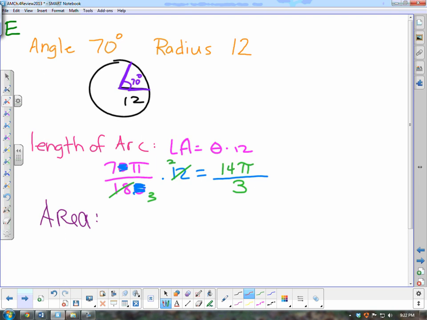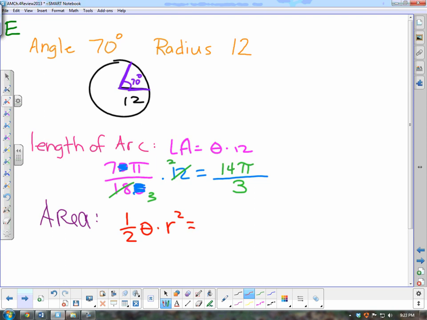To find the area, you would want to take 1/2 times theta times r squared.